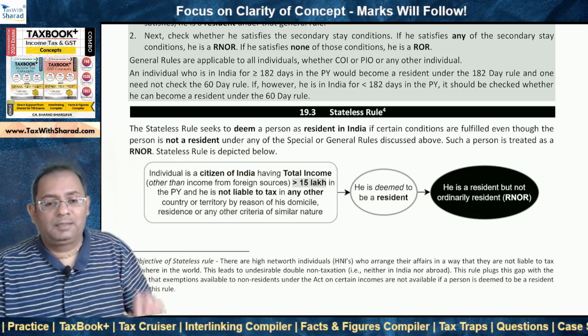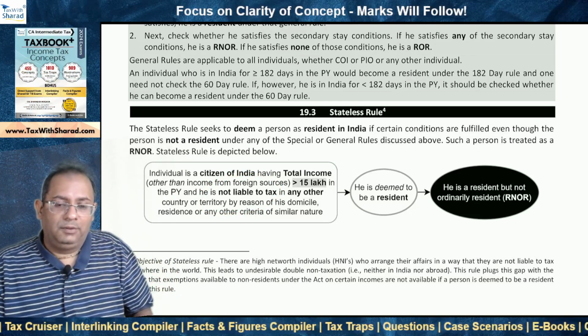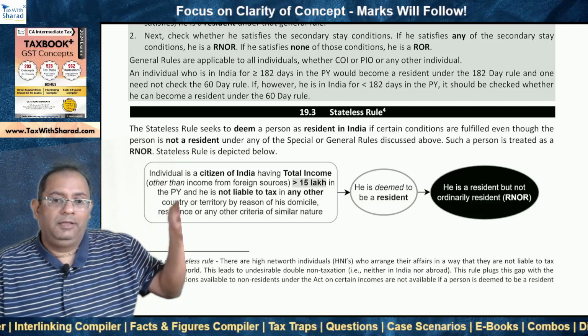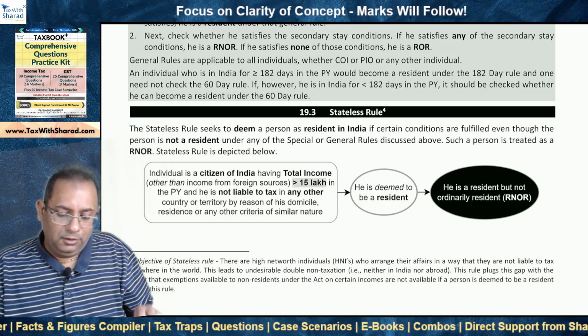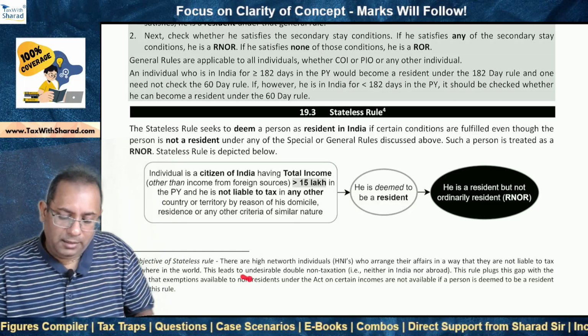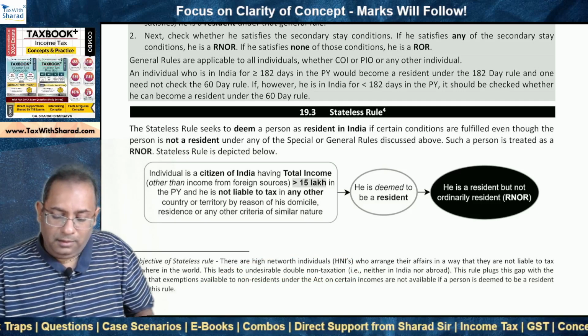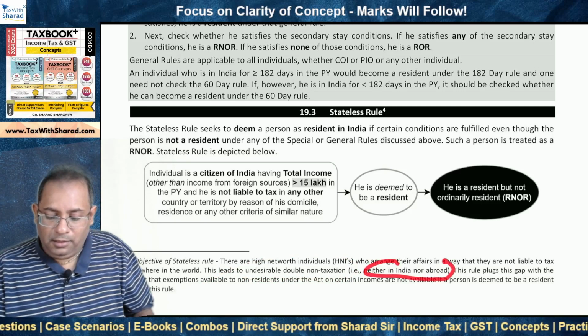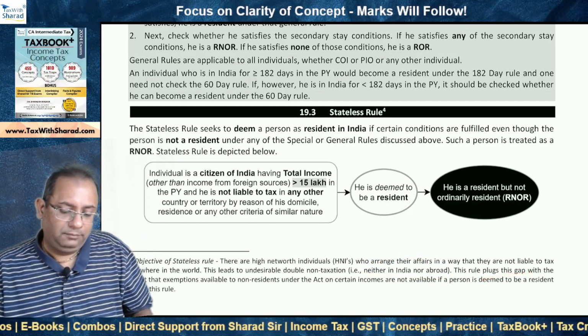So he is not liable to tax, and also he becomes a non-resident in India. Okay, that means his foreign income is not taxable in India. It is not taxable also anywhere else. So this leads to undesirable double non-taxation. That means there is no taxation in India and there is no taxation either abroad. This rule plugs this gap.